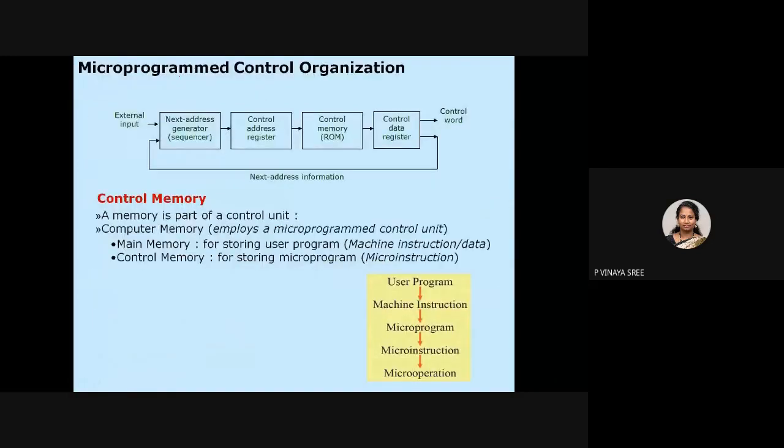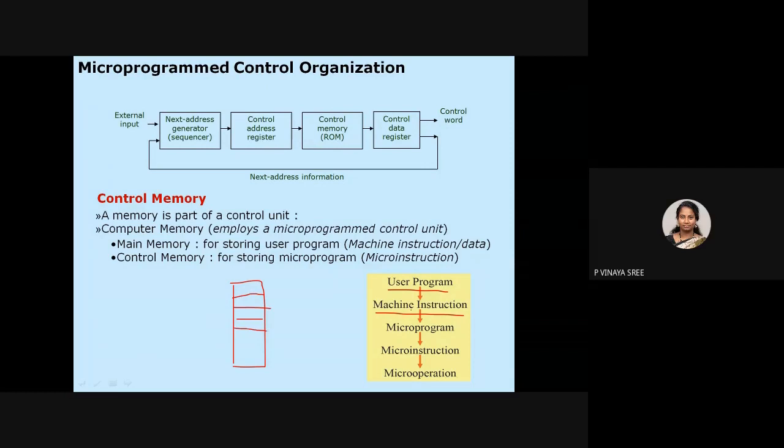See here, this is an operation. Try to concentrate. We have user programs, which we call machine instructions, and microinstructions are different. A machine instruction is the program that the user has written, for example the addition or subtraction of two numbers.